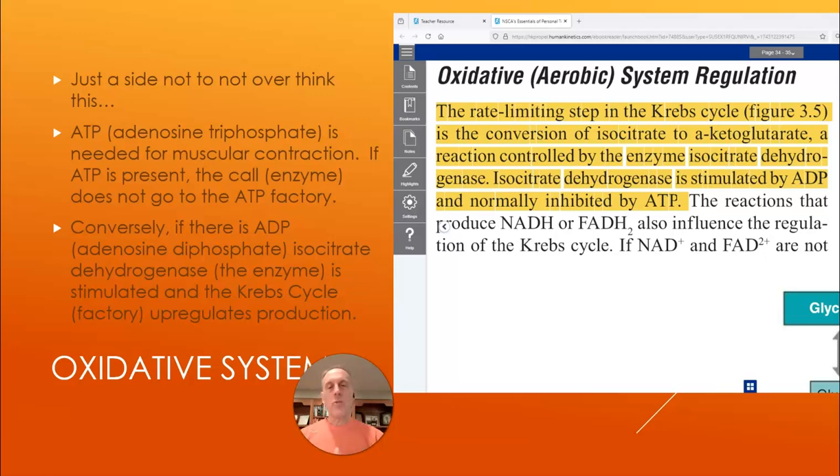So I can't stress this enough. When you think through this process, don't wig out about the NADH, the FADH. Just remember one of them is 2, one of them is 3. And just also remember, in very simplistic terms, if there's ATP in the muscle, there is no need to call the factory to make more ATP. If there's ADP, then you got to make more.